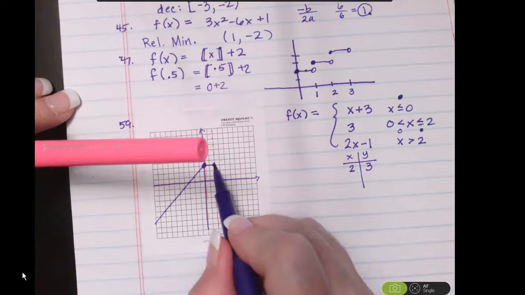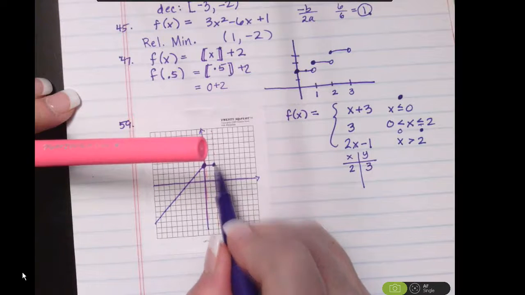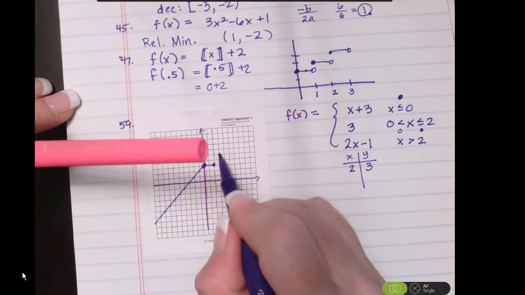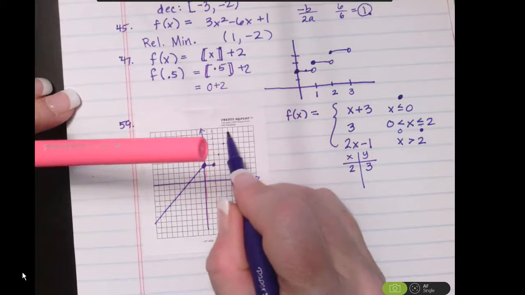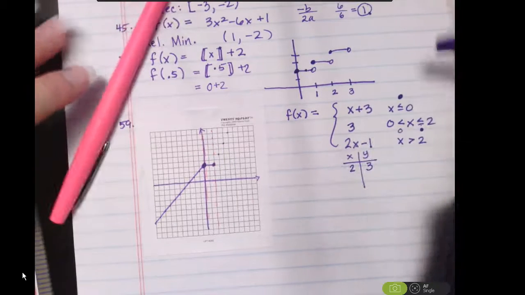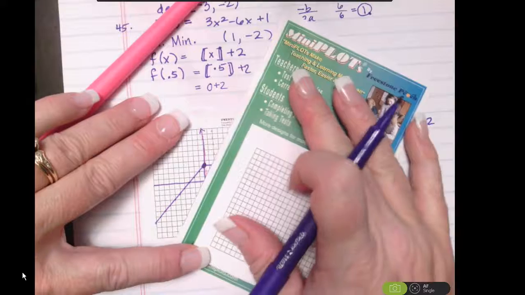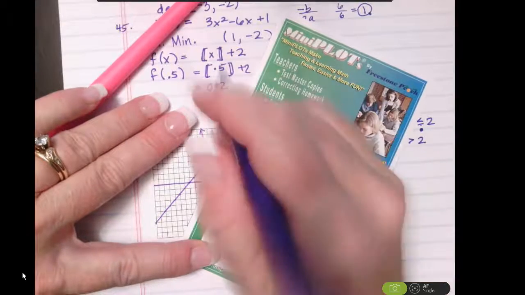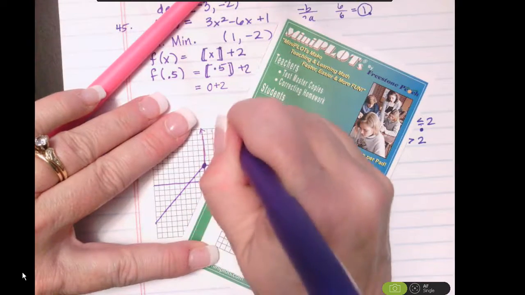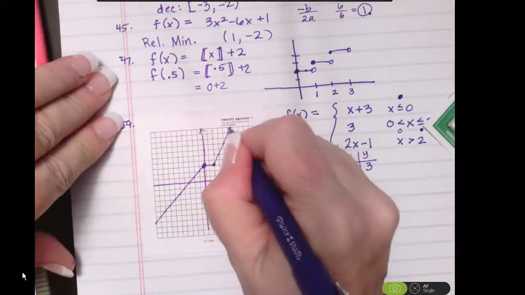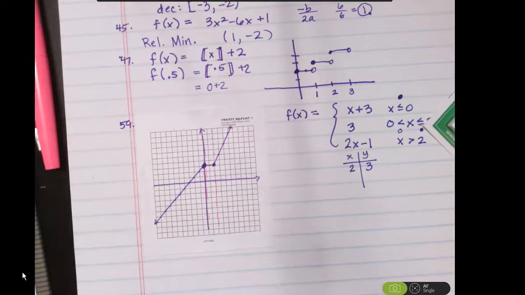So I'm going to be starting right there with a slope of positive 2. So rise 2 and run 1. And I could do my slope of 2 for the rest of my domain until I'm off the page. And number 61 is going to be very similar. Let me get a new piece of paper here.